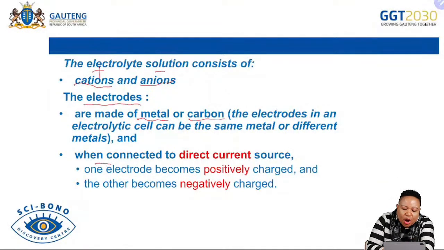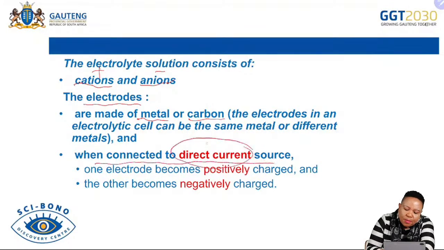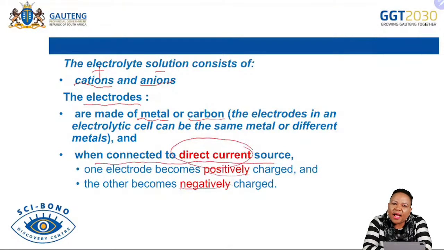And we connect our electrodes to a DC or direct current source, whereby we make one electrode positively charged and the other electrode negatively charged. So all this is what we use to identify our electrolytic cell. If there is a power source in your cell, you will definitely know that it is your electrolytic cell.